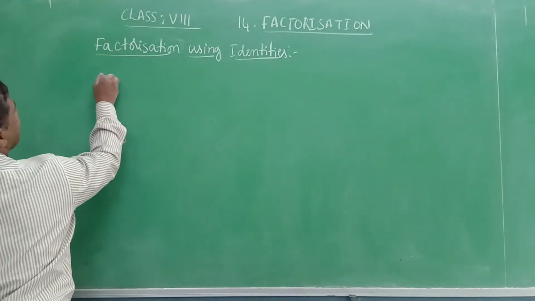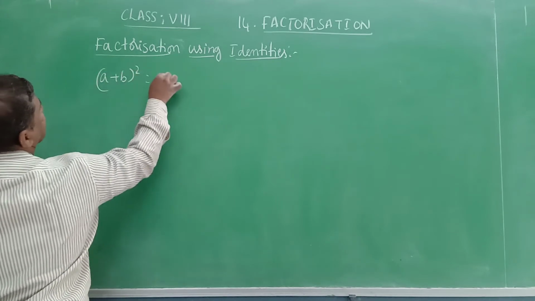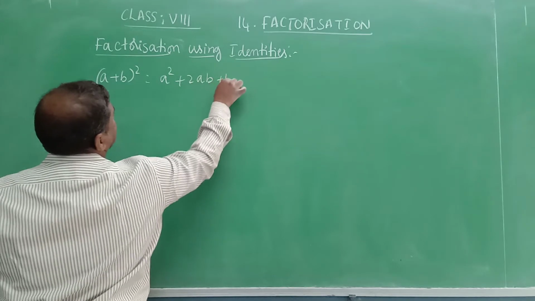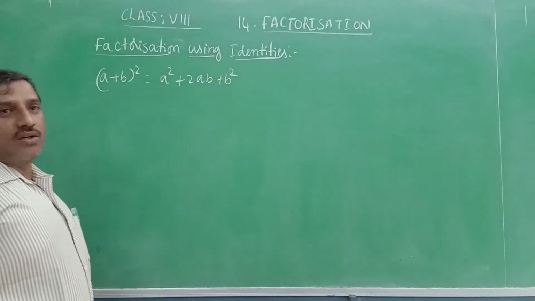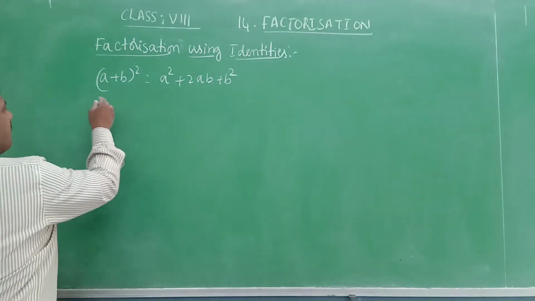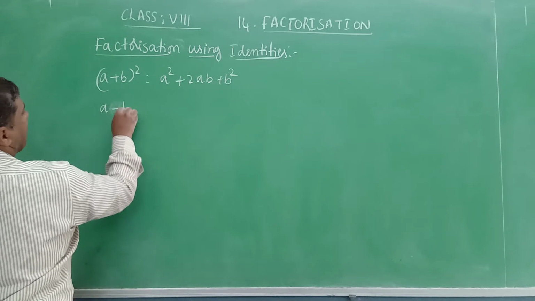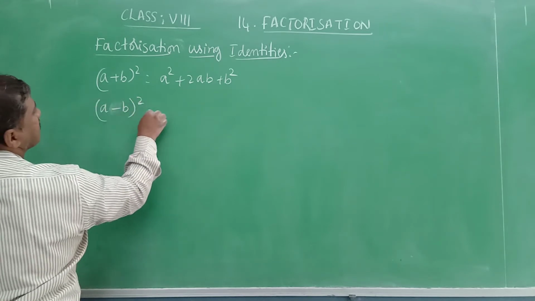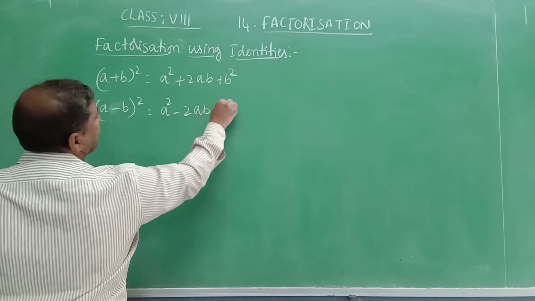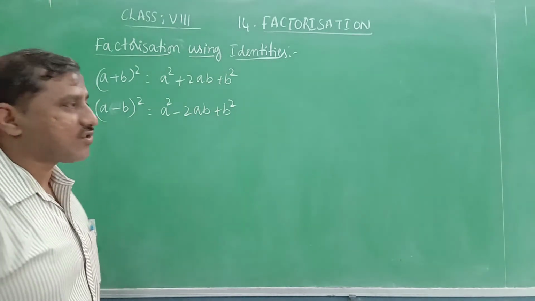The first identity is a plus b whole square is equal to a square plus 2ab plus b square. 2ab means 2 into a into b. The second identity is a minus b whole square, which is equal to a square minus 2ab plus b square.